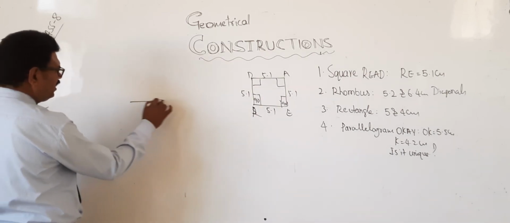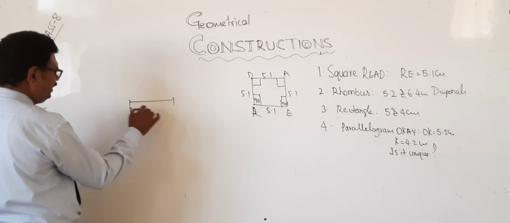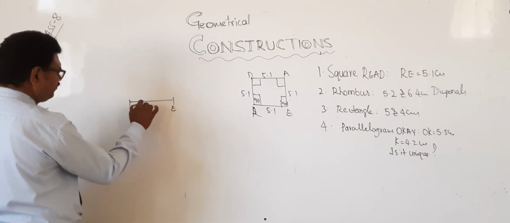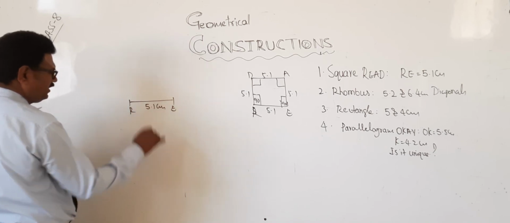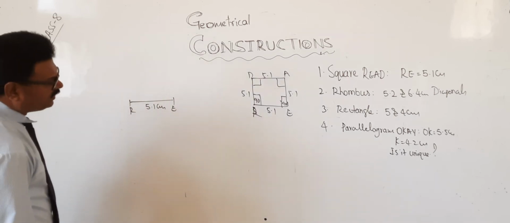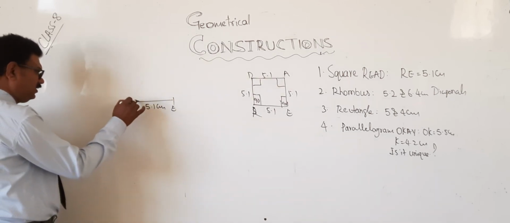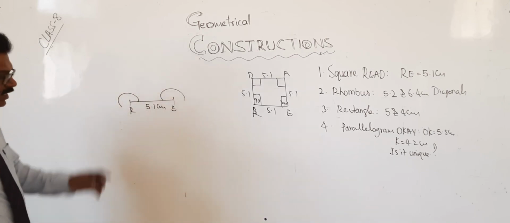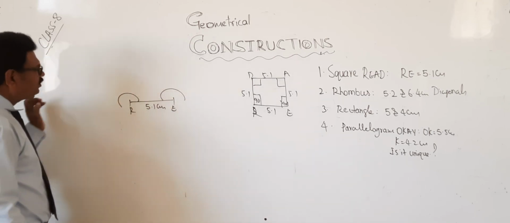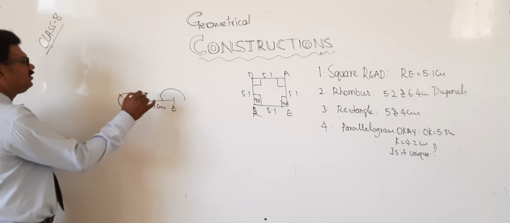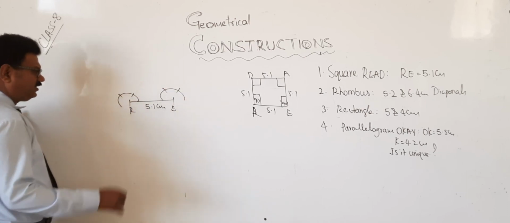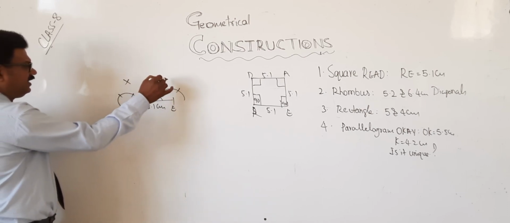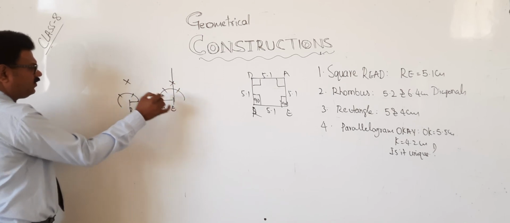First you draw RE. How many centimeters? 5.1 centimeters. Now we have to draw 90 degrees, so on both sides you draw semicircles. After the semicircles you do 90 degrees: cut into 2 parts, cut into 3 parts, next like this and next like this.